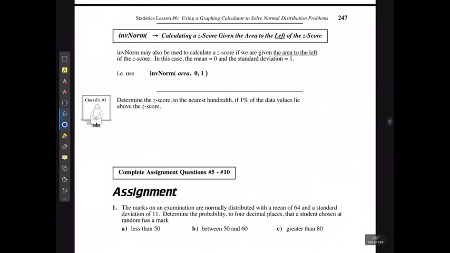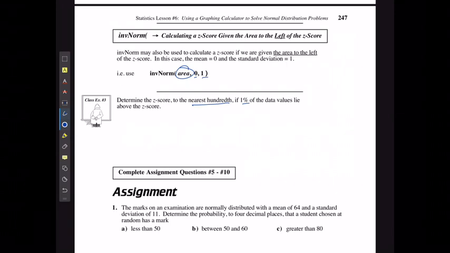If I want to solve for a z-score, I do the same thing. I'm just going to say that the area is whatever the area is, and then the mean is 0, and the standard deviation is 1 if I'm solving for a z-score. So in this case, it says, determine the z-score to the nearest hundredth if 1% of the data lies above that z-score.